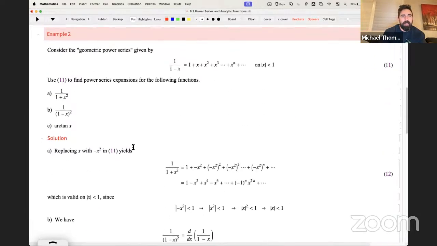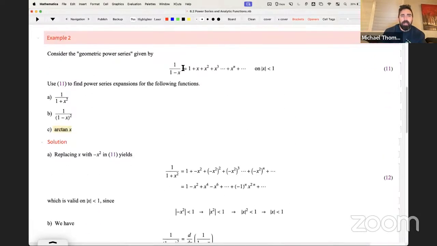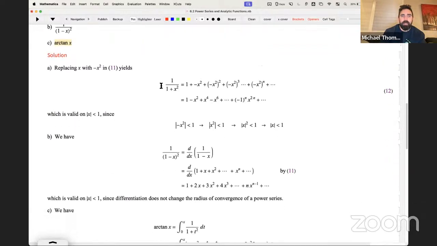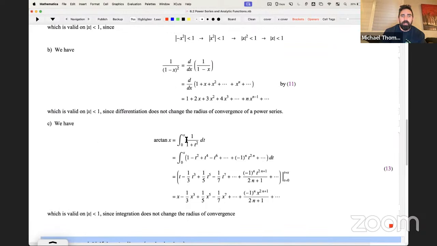And then for the last one, 1 over 1 minus x and arctan of x, you want to find a relationship between the two. There are a few ways notationally you could do this. I like to write it this way. If you notice the right-hand side, I've got an integral.